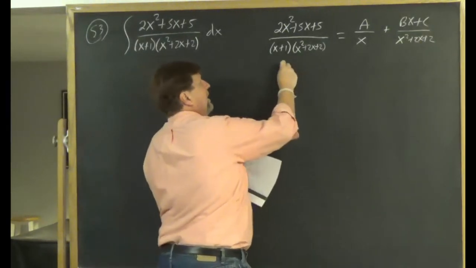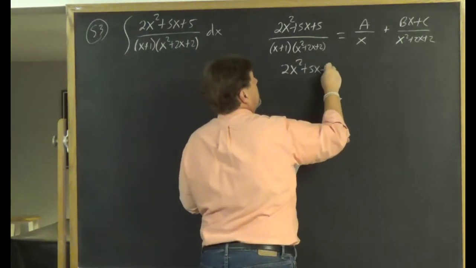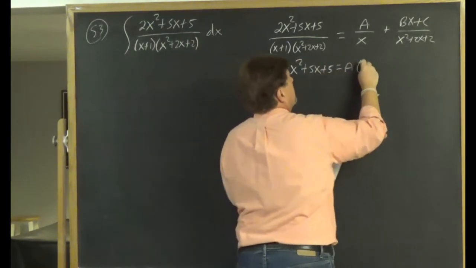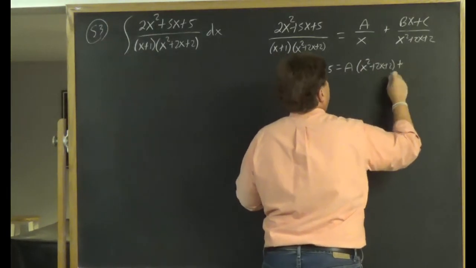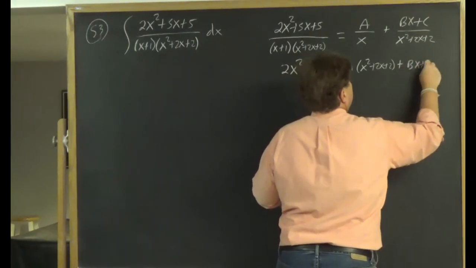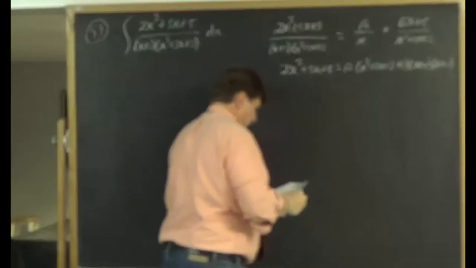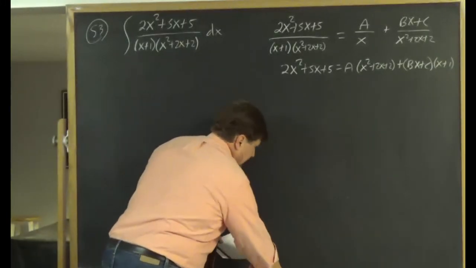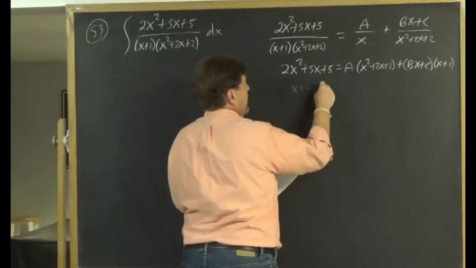Multiply both sides by the LCD. And this is what we get. All right, so convenient values of x. The first one I notice would be x equals -1.